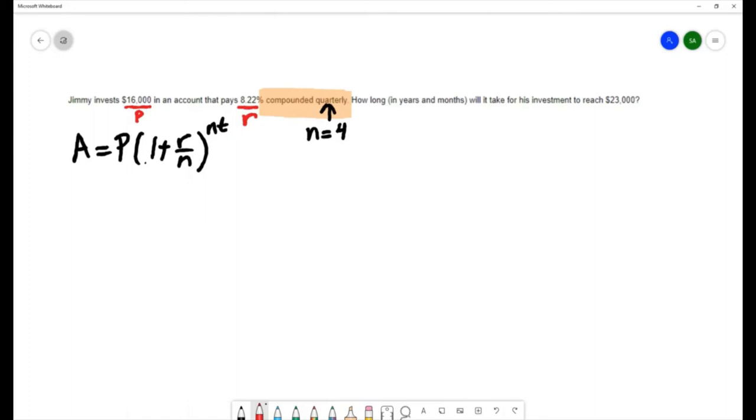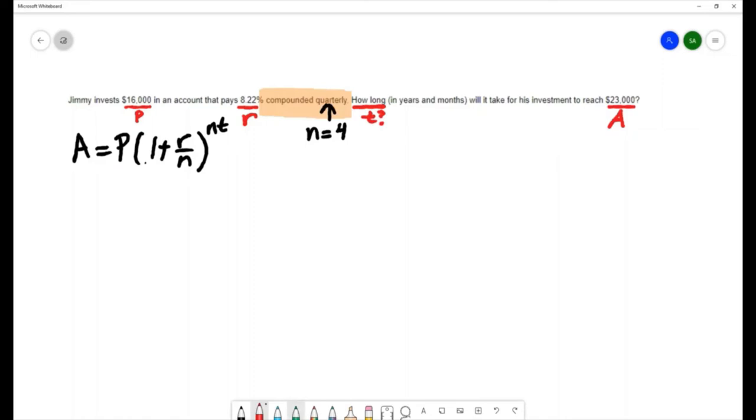The way the question is phrased, it says how long, and that refers to time, and that is our unknown in this question that we'll want to solve for. And how long will it take for our investment to reach $23,000? That is A, our accrued amount or ending amount, the amount that the investment grows to over that period of time.